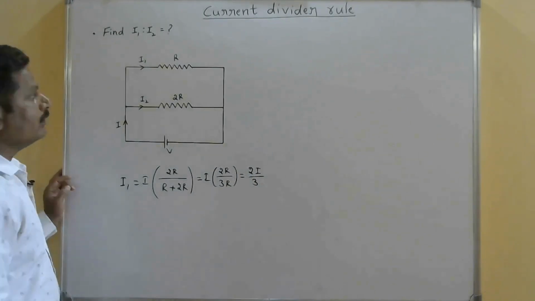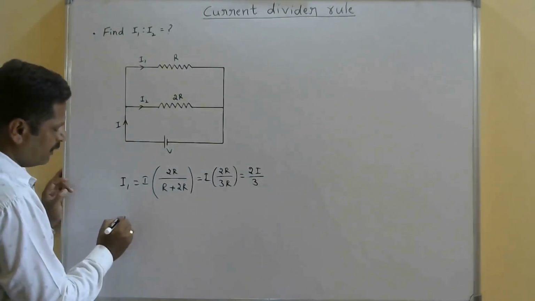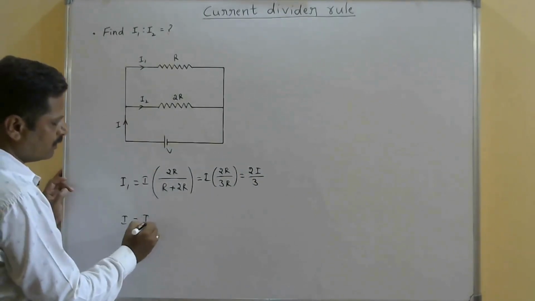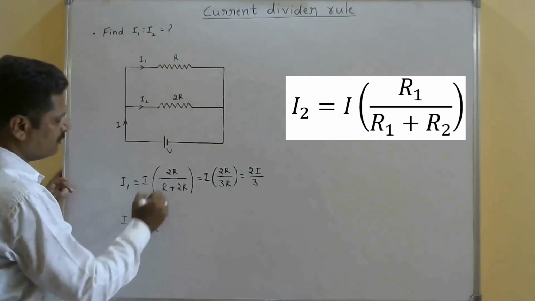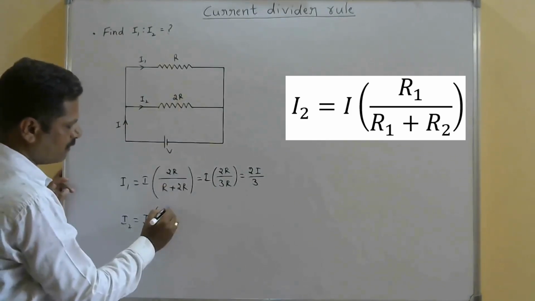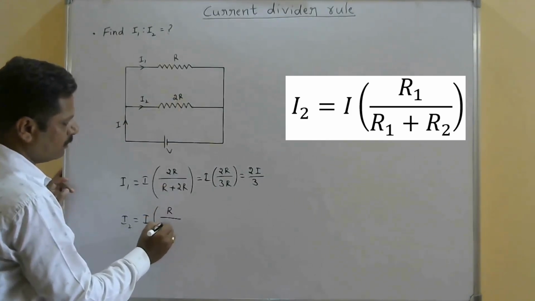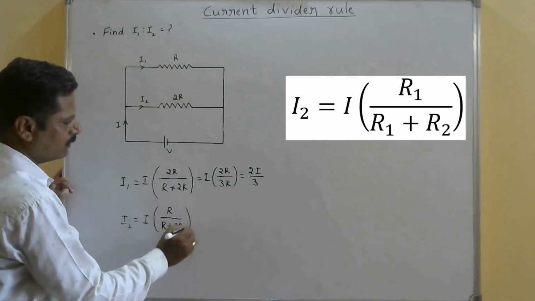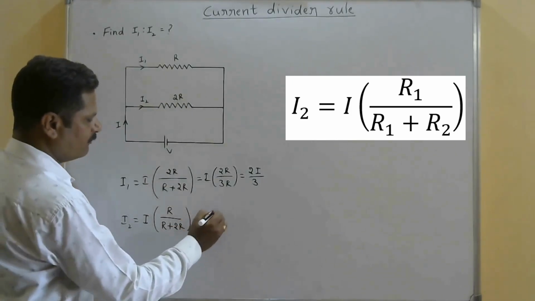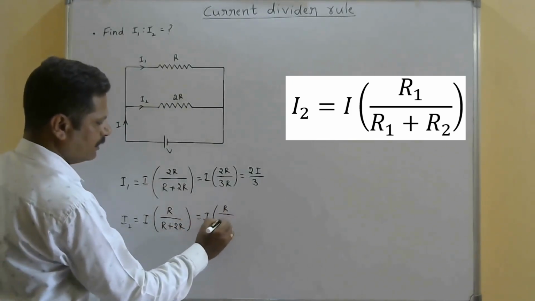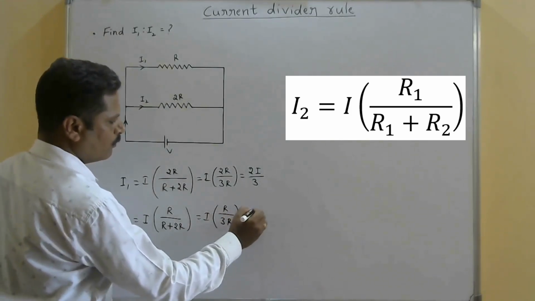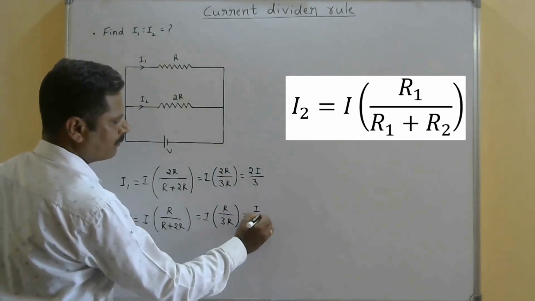This is I1. Next I2 can be written as total current passing through the combination and opposite resistance is R divided by sum of the resistance 2R. This is equals to I of R by 3R, and this is equals to I by 3.